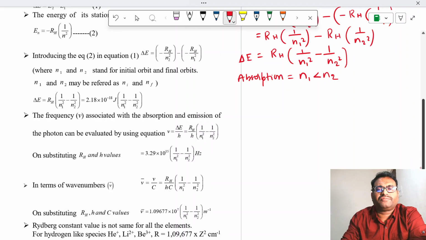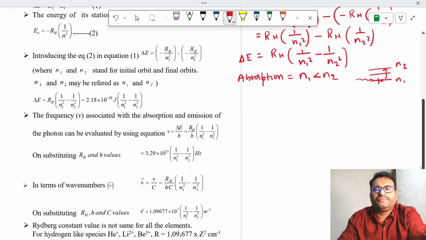During emission, here this is N1, for example N2, N1, N2. Here is the electron. By absorbing some energy, it has moved into N2. So N2 is greater than N1. That means N1 is during emission.